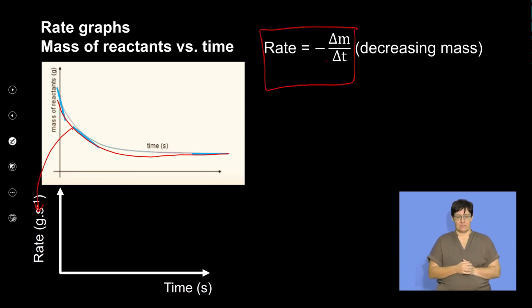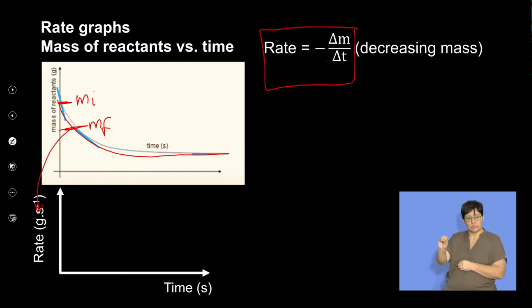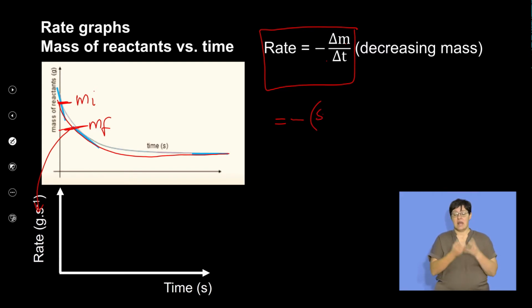So if you look at here, let's say we start there, we have an initial mass there. Let's say this is our final mass. Because our final mass is smaller than our initial mass, if we plug that into our formula, we will have the rate being equal to minus a small mass minus a bigger mass, over our delta t.